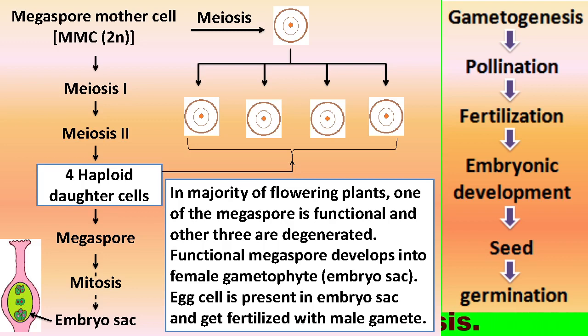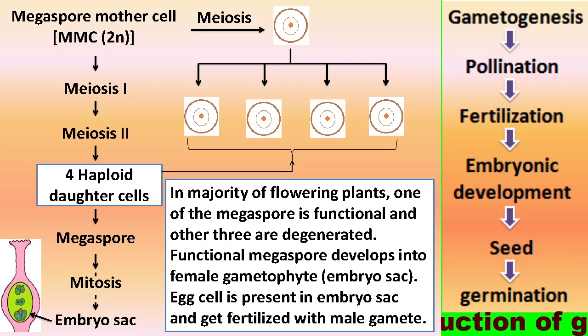First, a group of 3 is known as antipodal cells, and the second group of 3 cells is known as synergids plus egg cell, and there is a central cell which contains 2 nuclei. So this is the format of the embryo sac, and this results from megasporogenesis.